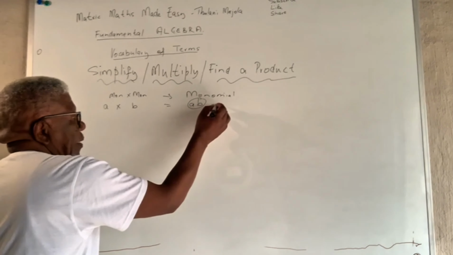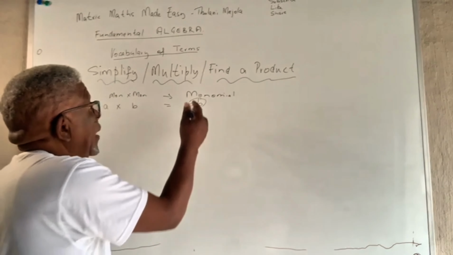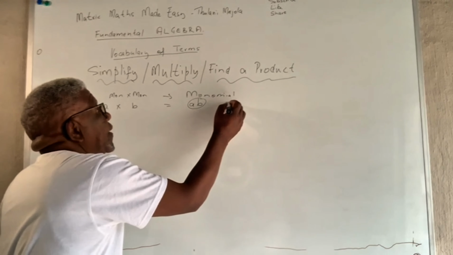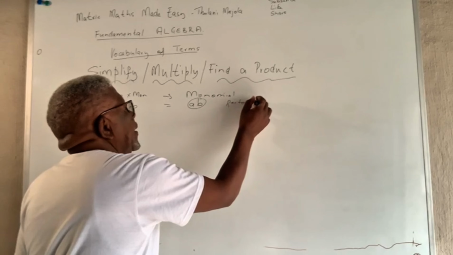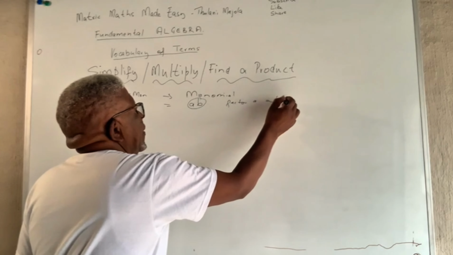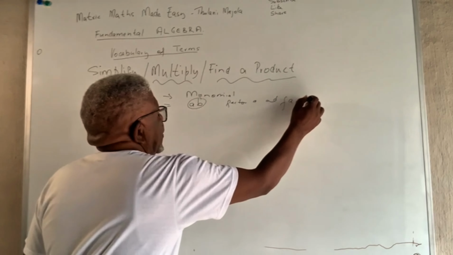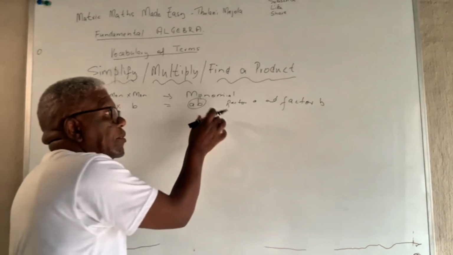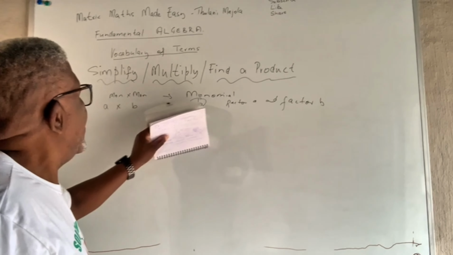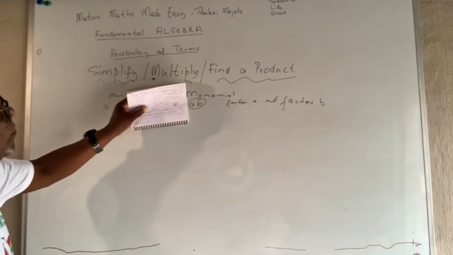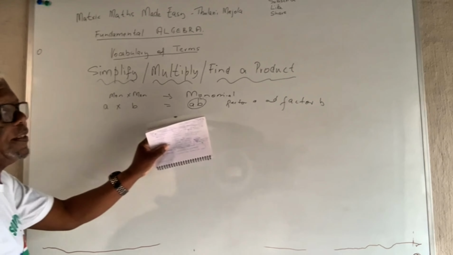Even though it's two factors, factor A and factor B, it's a product. So this product is a monomial. So simplify, multiply, or find the product of A times B, AB.